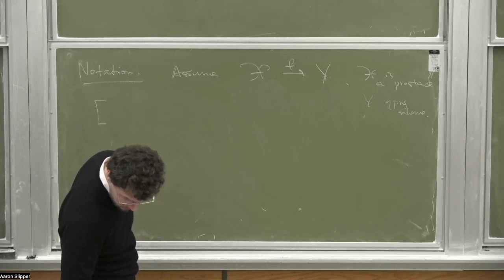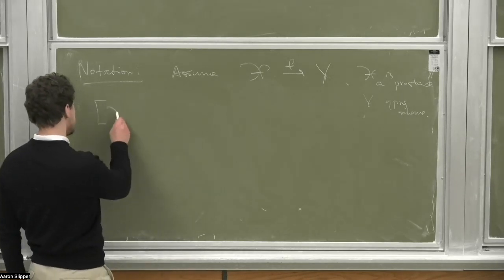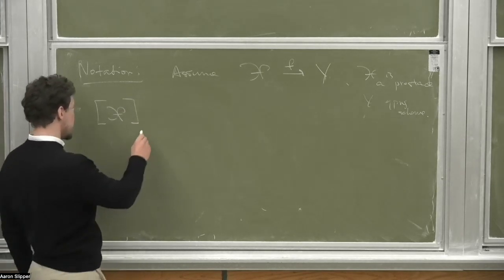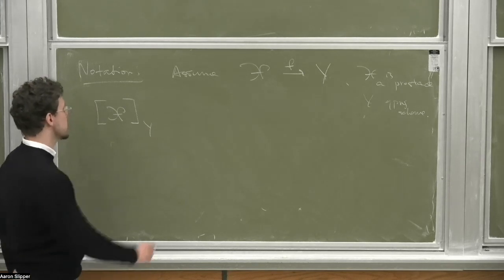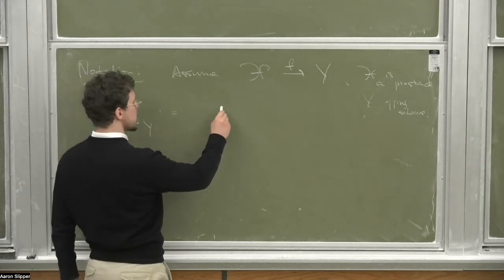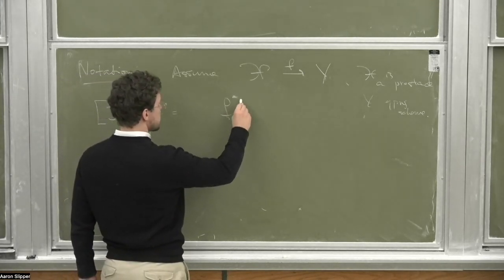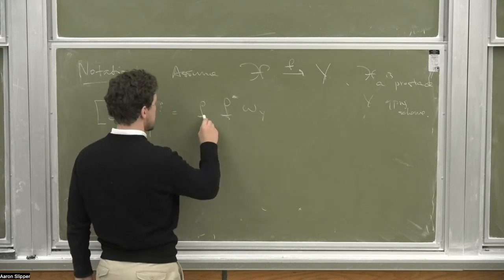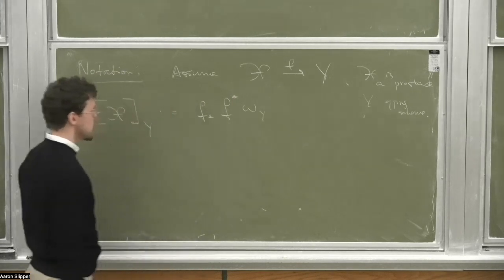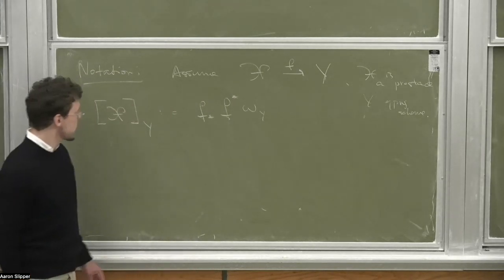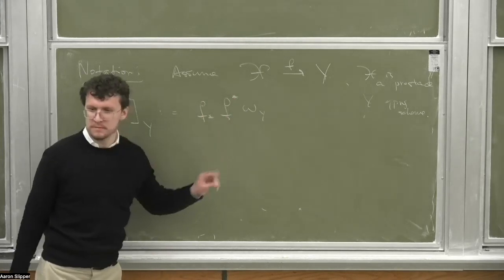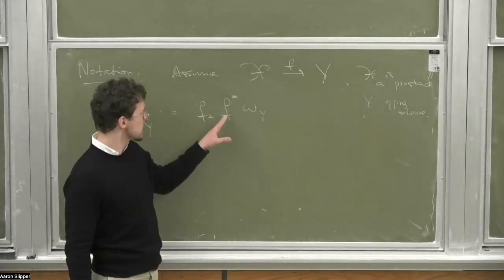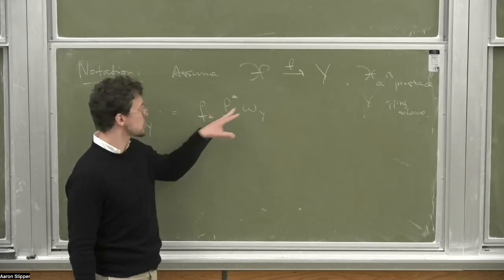It's going to be a sheaf on Y, denoted with square brackets i, y. The definition is: take the pullback, star pullback of omega Y, then the push forward. These functors make sense and work for prestacks. First I get a direct sheaf on i, then I push forward into Y.